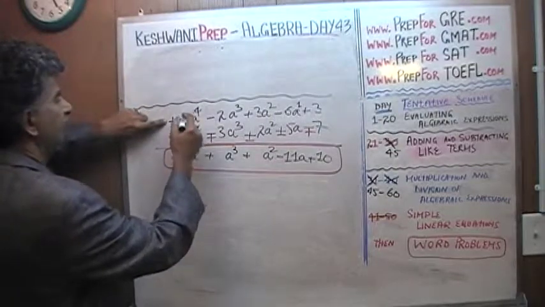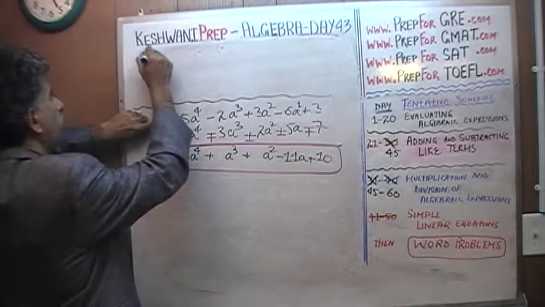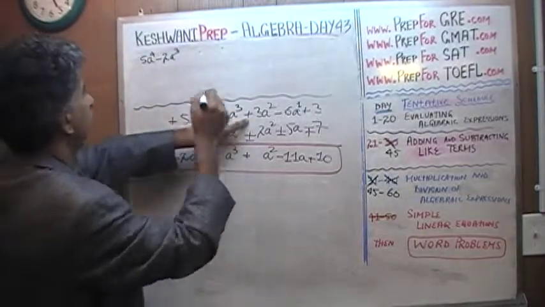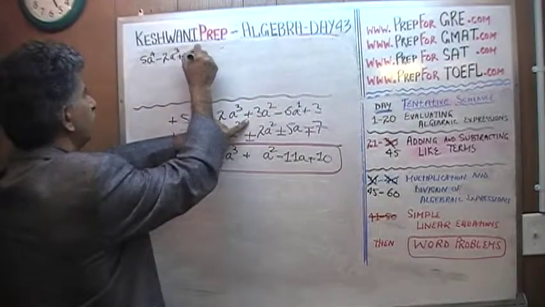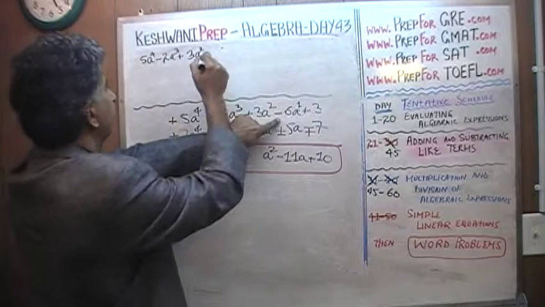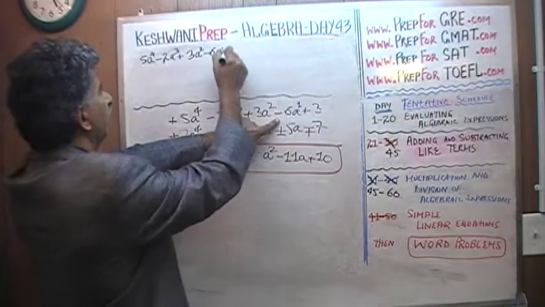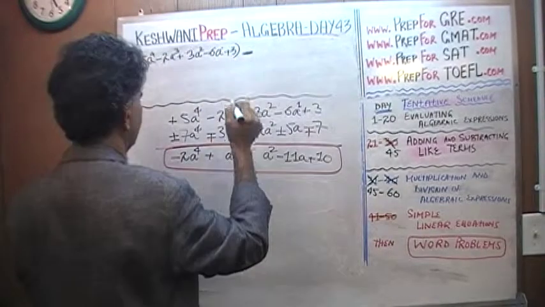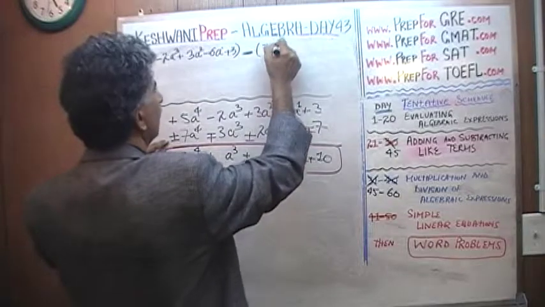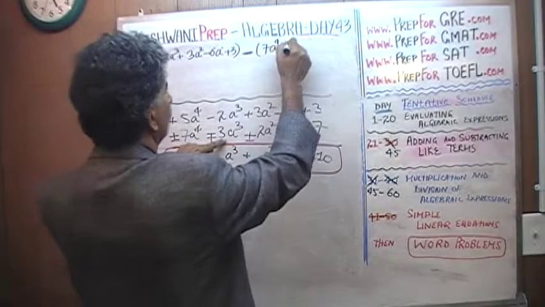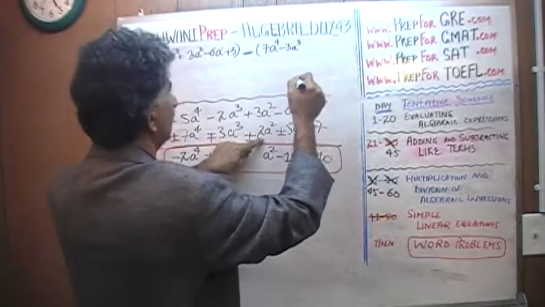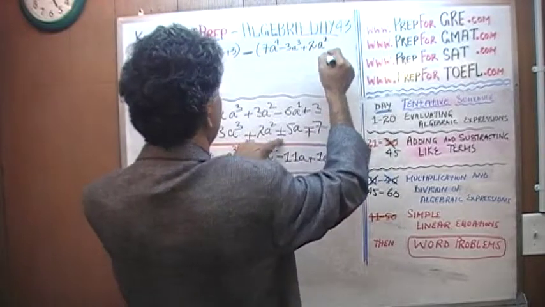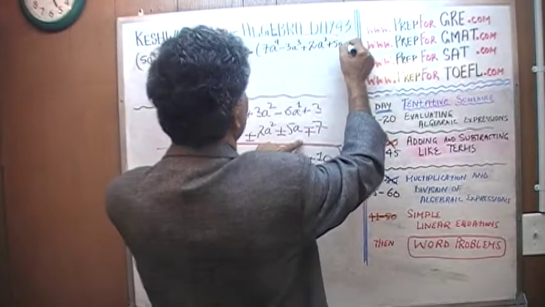We write the first expression right here, 5a to the fourth minus 2a cubed plus 3a squared minus 6a plus 3, and from this expression we're going to subtract this expression, 7a to the fourth minus 3a cubed plus 2a squared plus 5a minus 7.